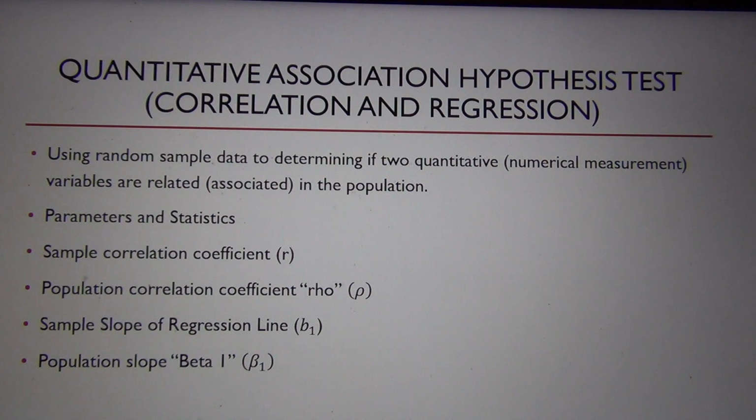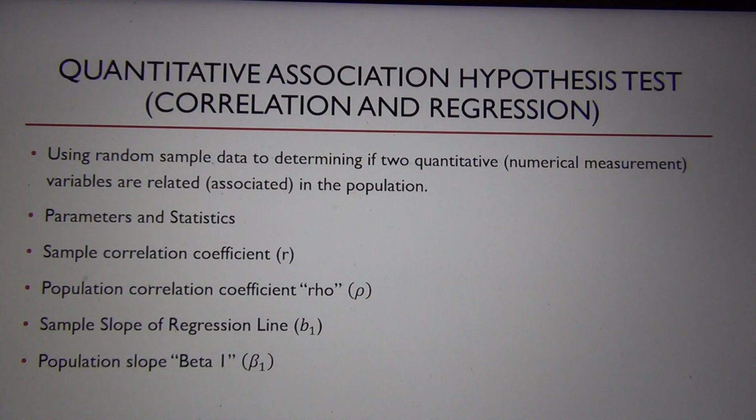Just a few letters to keep in mind. Of course, R is the sample correlation coefficient. And the sample slope of the regression line. Different computer programs use different letters. I tend to use B1 for the slope and B0 for the y-intercept.